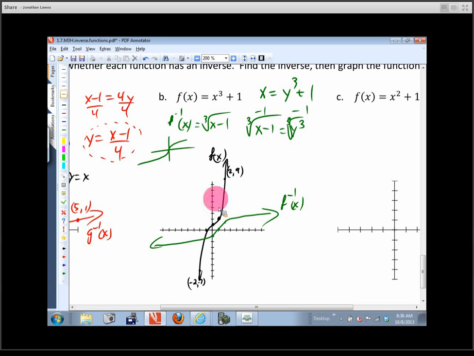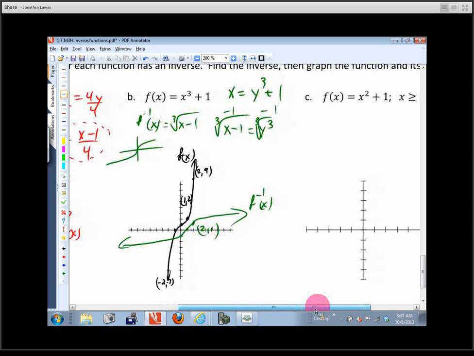That point right there is 1, 2. Is this point right here 2, 1? It is. Plug it in. 2 minus 1 is 1. Cube root of 1 is 1. Okay? Any questions? Easy enough?